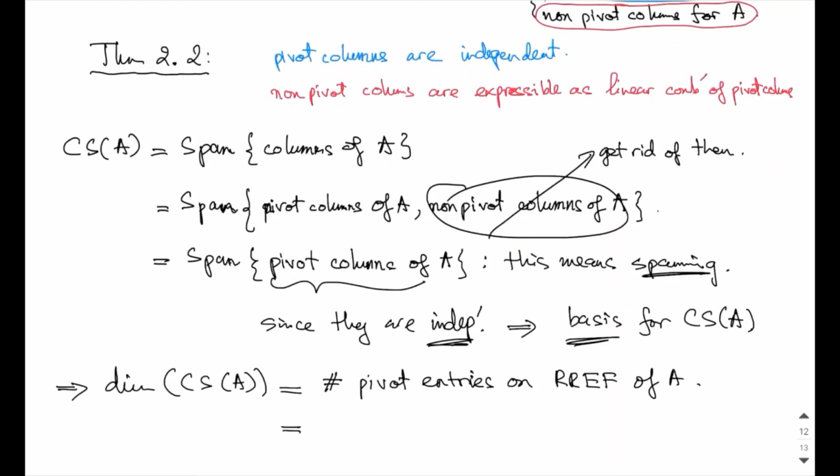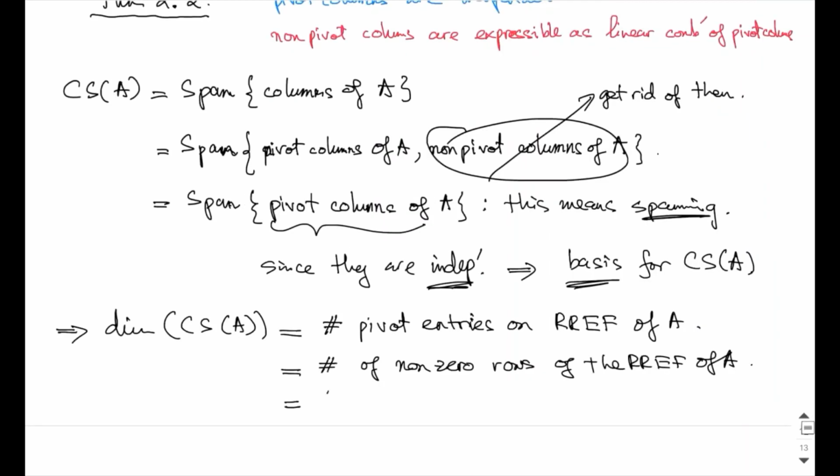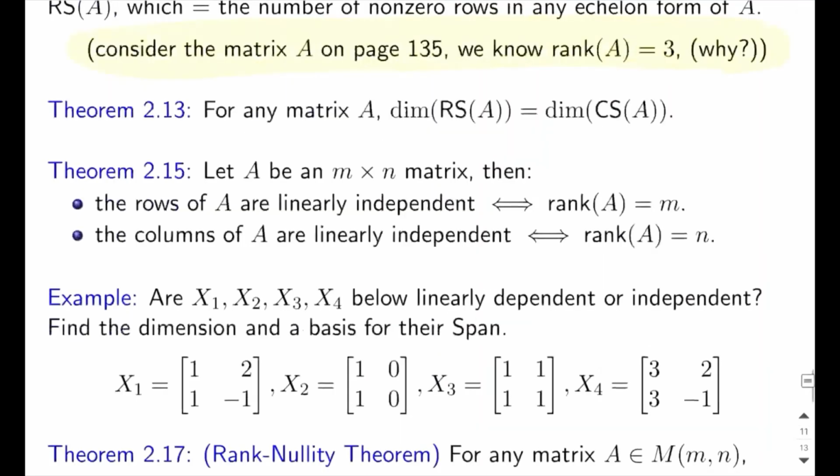But the number of pivot entries in the row reduced echelon form of A is the same as the number of non-zero rows of the row reduced echelon form of A. By theorem 2.12, this is going to be the same as the dimension of the row space of A.